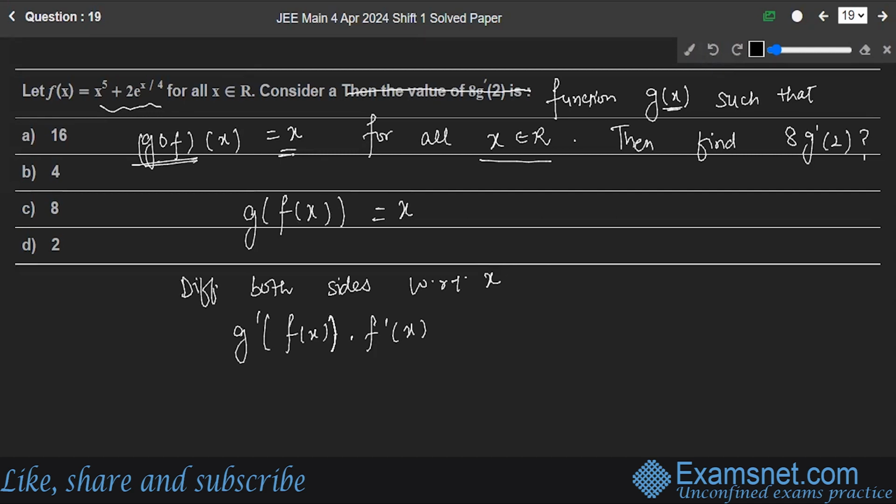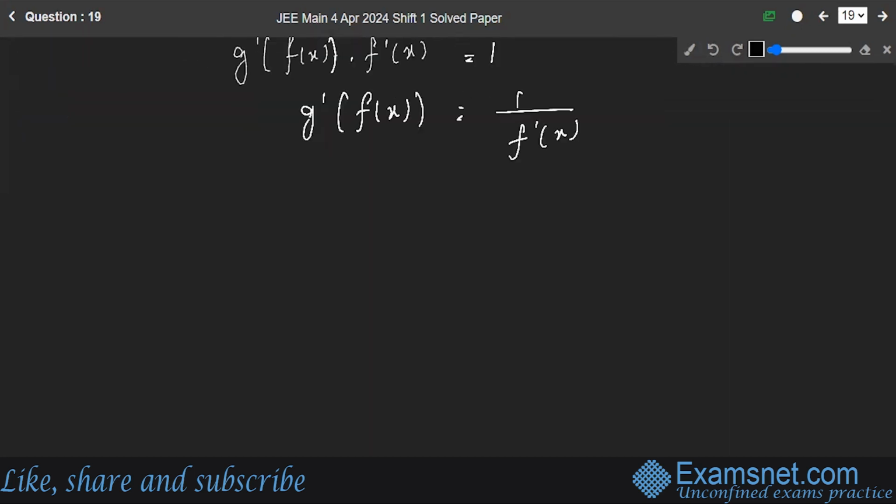Okay, g dash of fx into derivative of fx is equal to 1. Or you have g dash of fx is equal to 1 upon f dash x. Now what we need is, we need this g dash of 2.